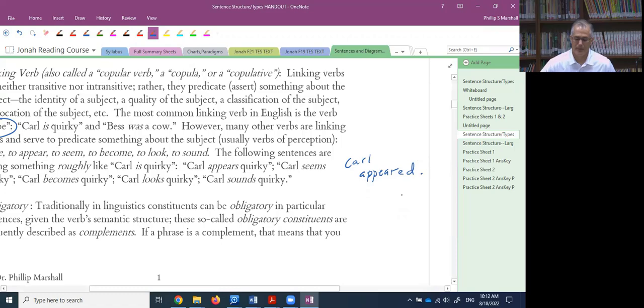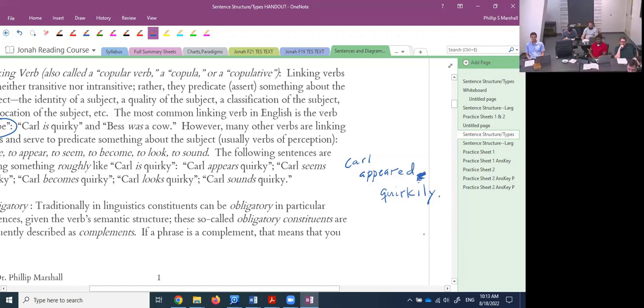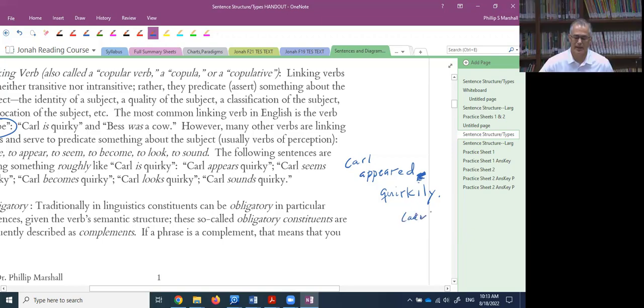And so if appeared is not a linking verb, but an intransitive verb, then I can use not an adjective, but an adverb. Carl appeared quirkily. Does that mean that Carl is himself quirky? No. No. Quirkily is not an adjective, it's an adverb.